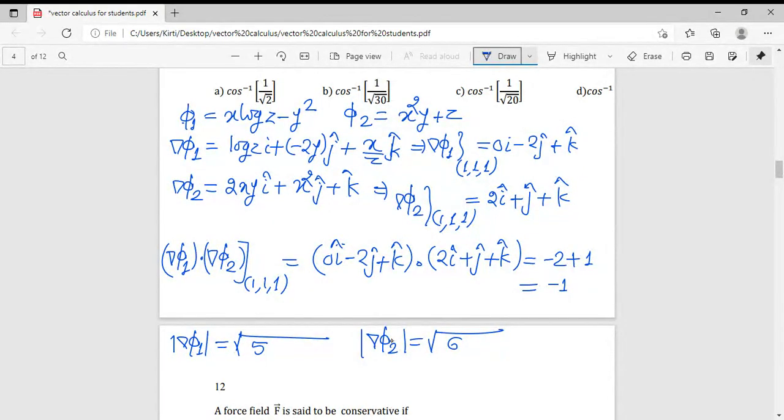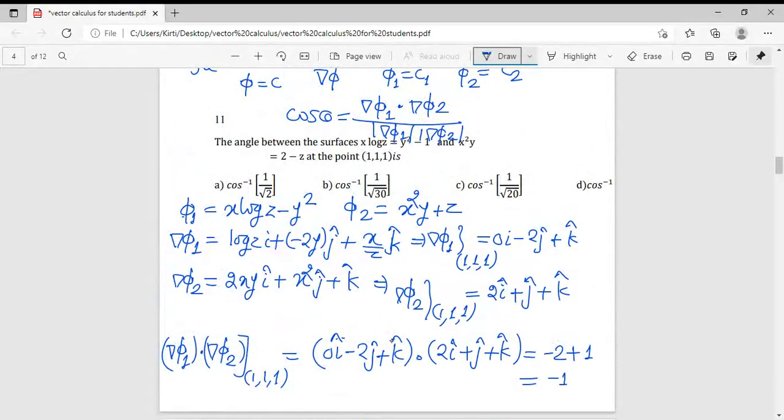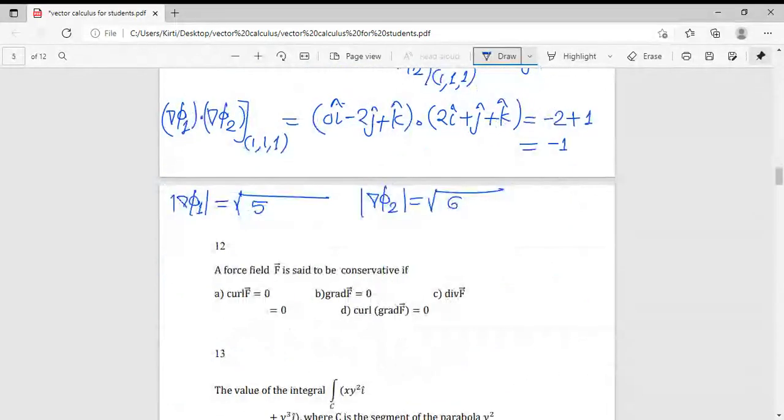Substituting all these values in formula number 1, cos theta equals minus 1 upon under root of 30. So cos theta is minus 1 by root 30, which gives theta equals cos inverse of minus 1 by root 30.